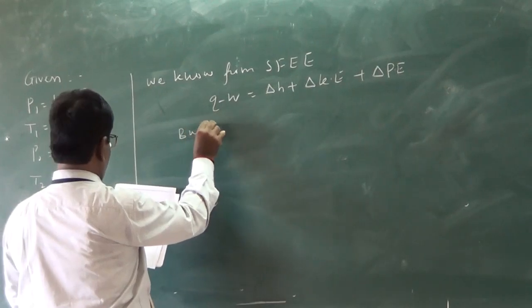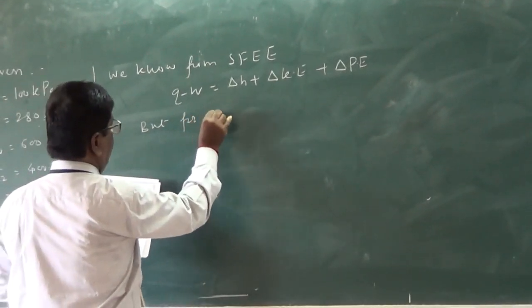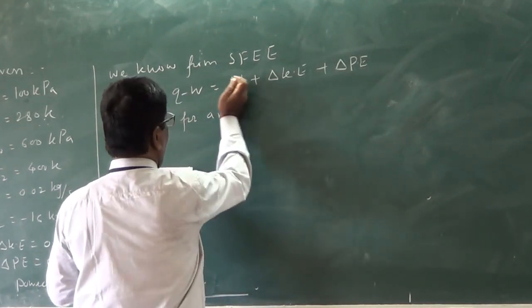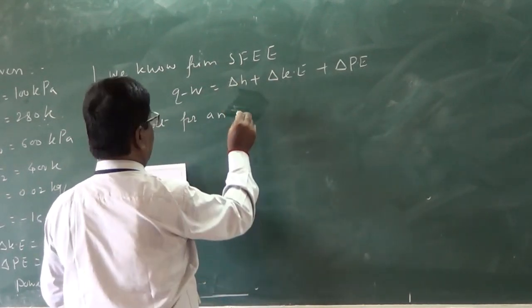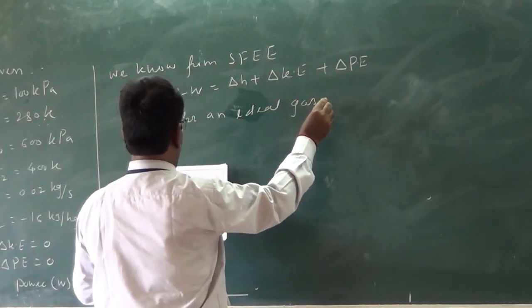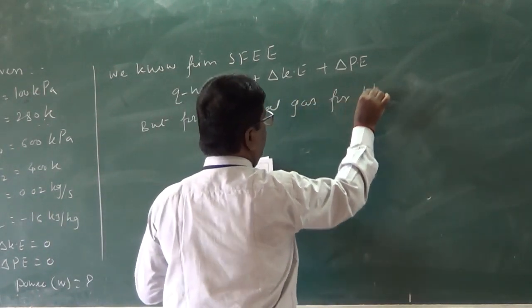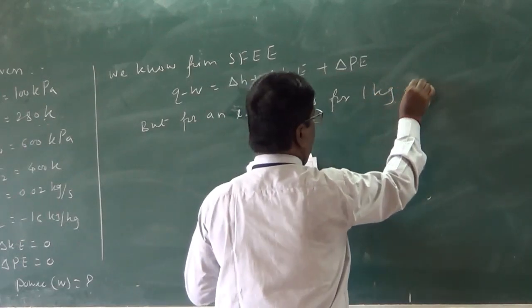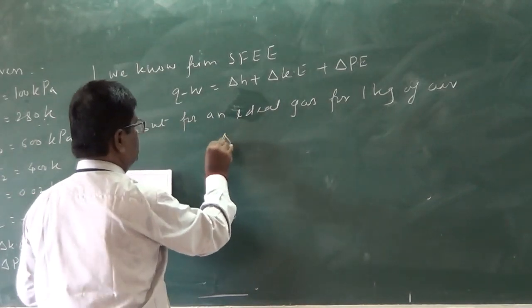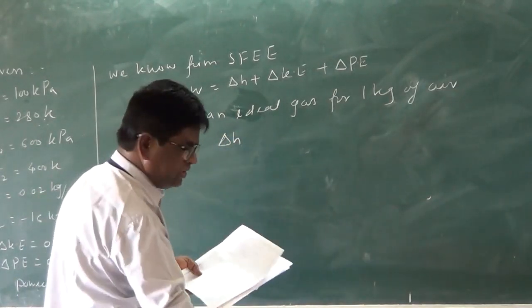But for an ideal gas, for 1 kg of air, delta H, this is important to see.